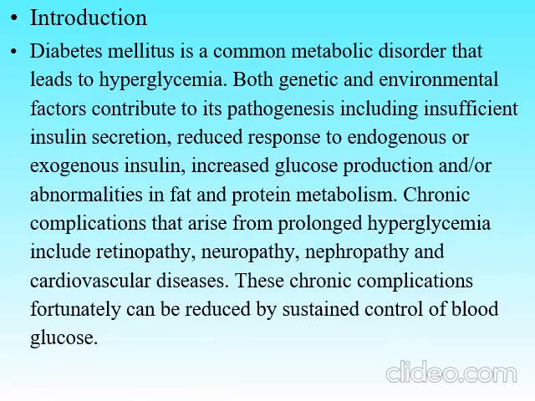Introduction. Diabetes mellitus is a common metabolic disorder that leads to hyperglycemia. Both genetic and environmental factors contribute to its pathogenesis, including insufficient insulin secretion, reduced response to endogenous or exogenous insulin, increased glucose production and/or abnormality in fat and protein metabolism.